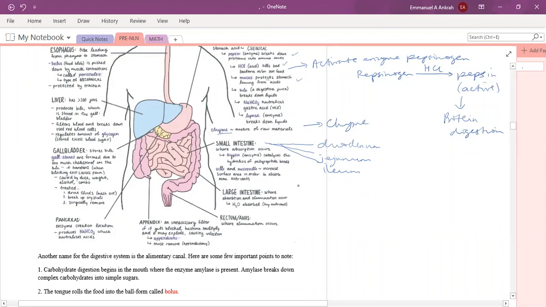If you take out the duodenum portion, it's somewhere around here, and it's going to go like this around there. Over here, you have the pancreas opening up into the duodenum. Then you have the bile duct also opening up into the duodenum. Let me see if I can draw it a little bit on the side here. It looks something like this.